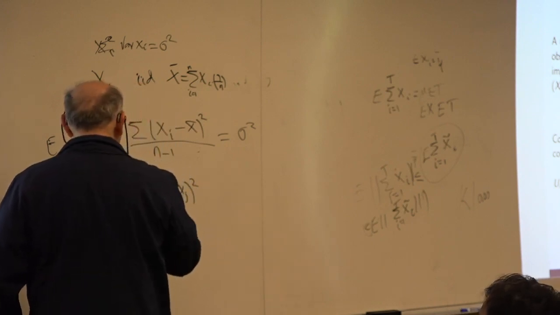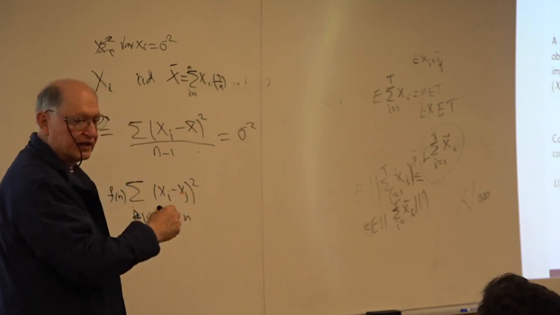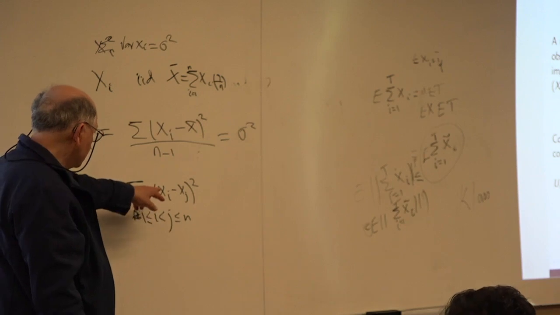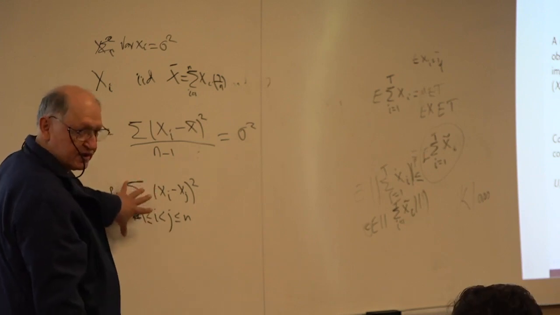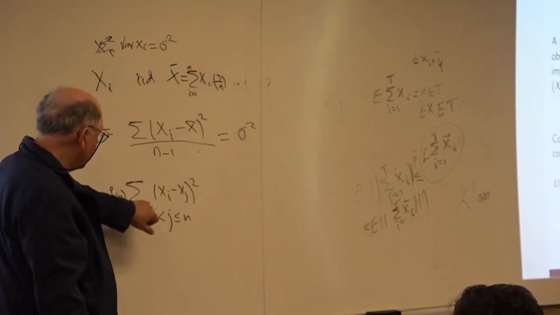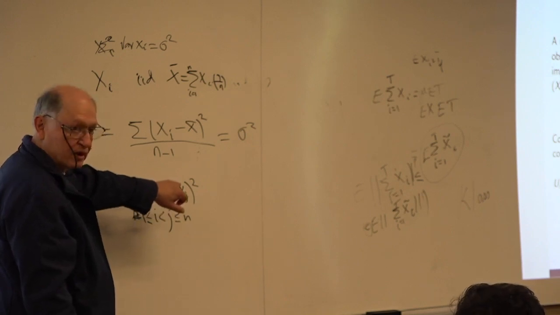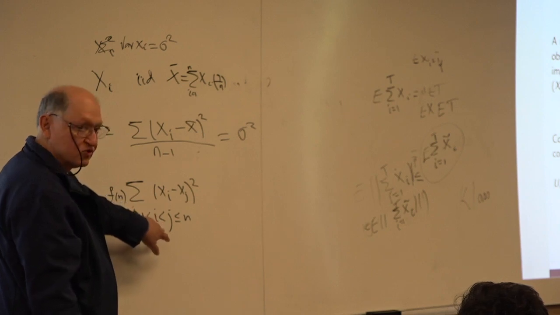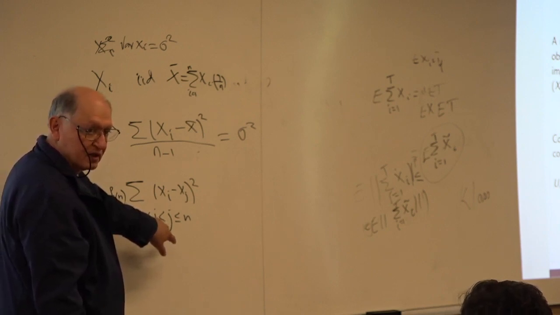I think it's 2 over n times n minus 1. So this is a U statistic, which is a sum of xi minus xj square, a double sum over all possible values of i and j. Okay?